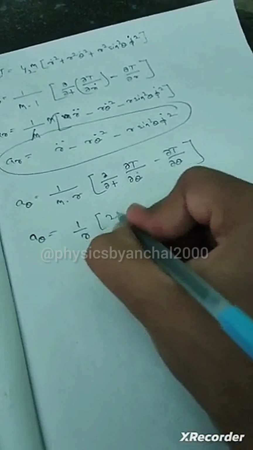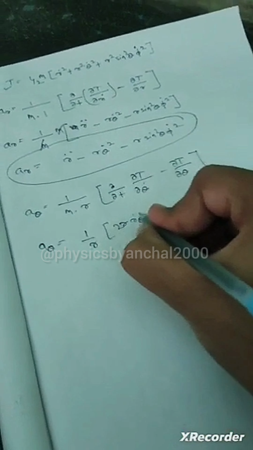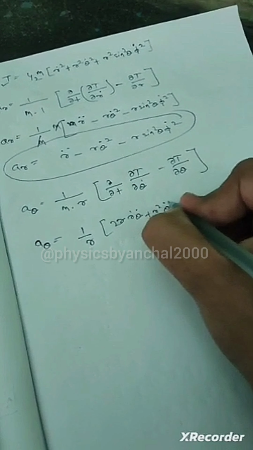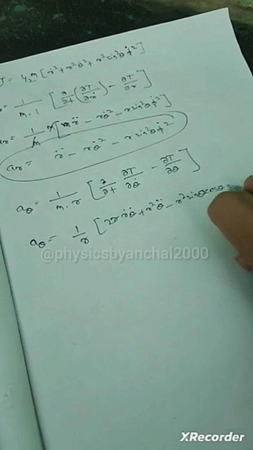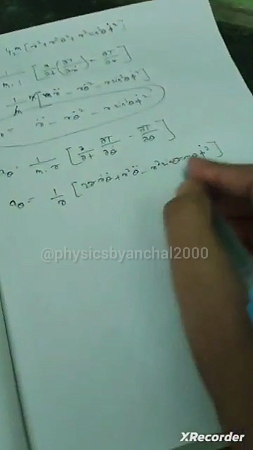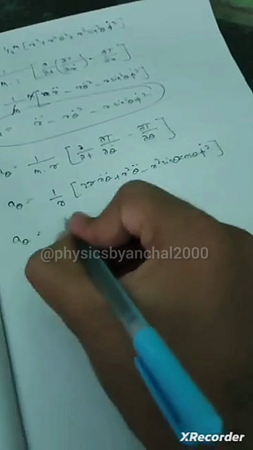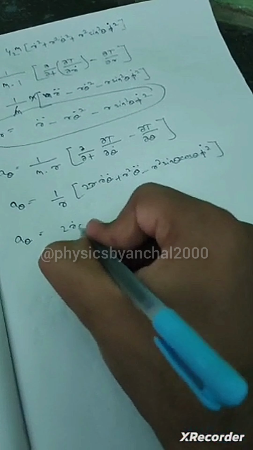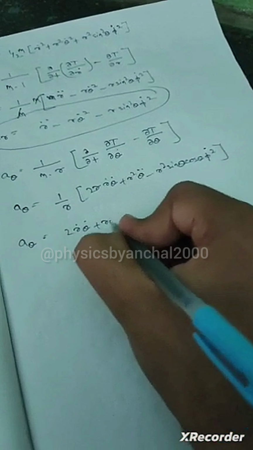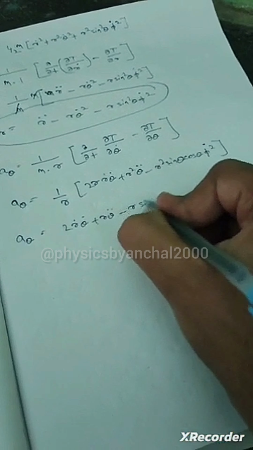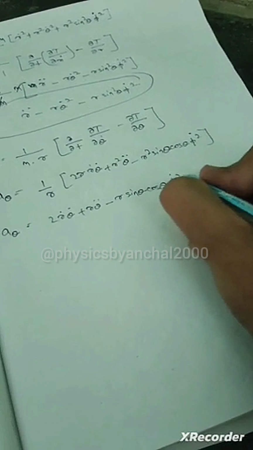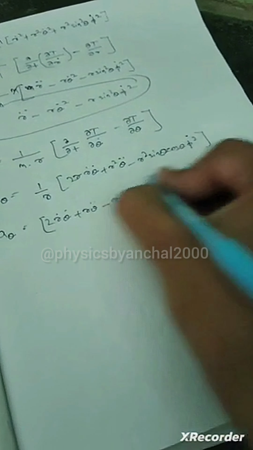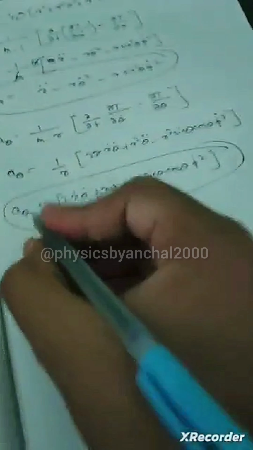So the answer will be 2r r dot theta dot plus r square theta double dot minus r square sin theta cos theta phi dot square. And this is a theta is equal to 2 r dot theta dot plus r theta double dot minus r sin theta cos theta phi dot square. And this is the theta component of acceleration.